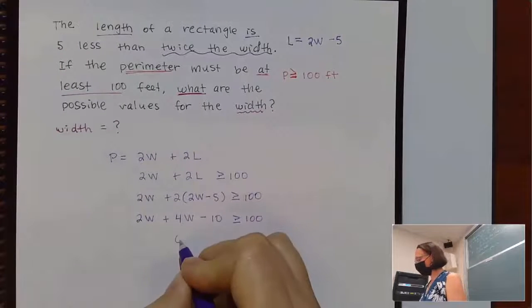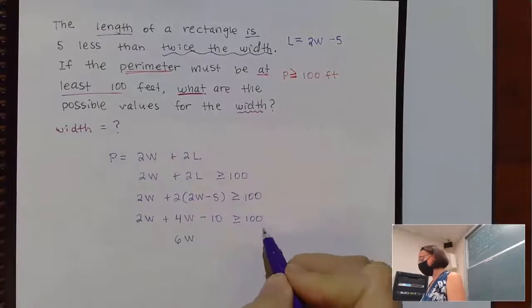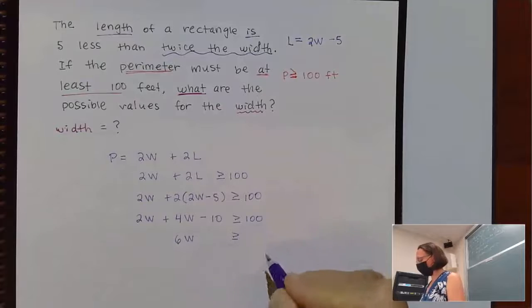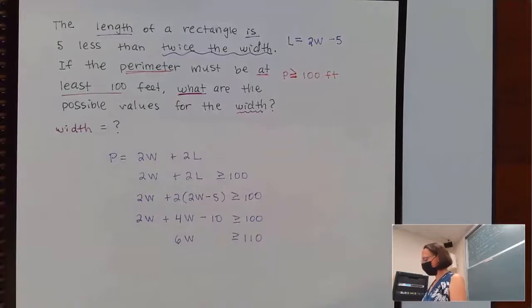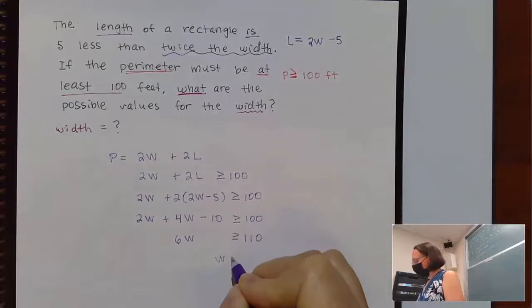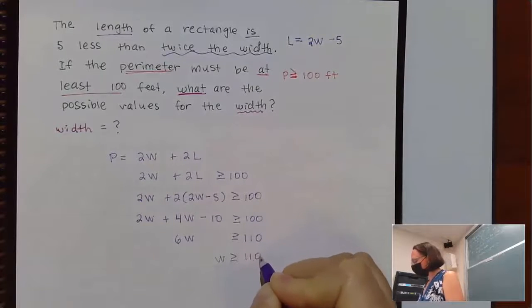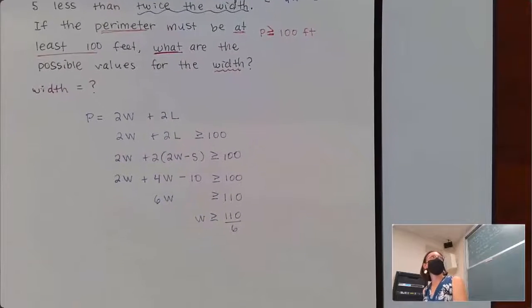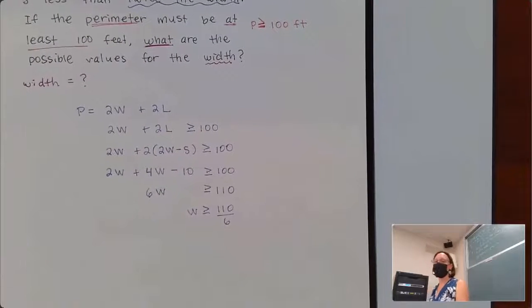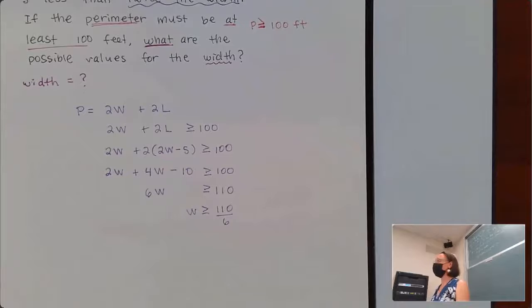Combining my w's together, I've got 6w. I'll add 10 to both sides, so greater than or equal to 110. And when I divide by 6, this time I'm looking at that and saying, oh yeah, that is not in lowest terms. Let me take a second to put that into lowest terms.